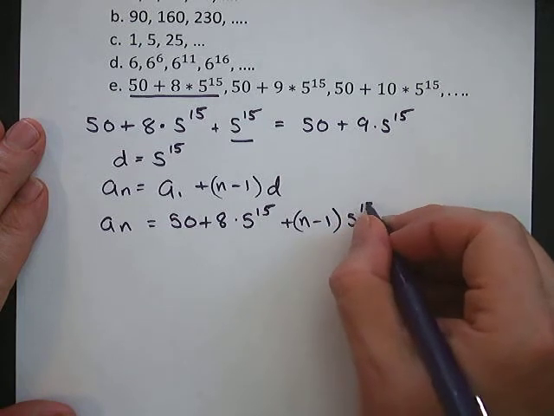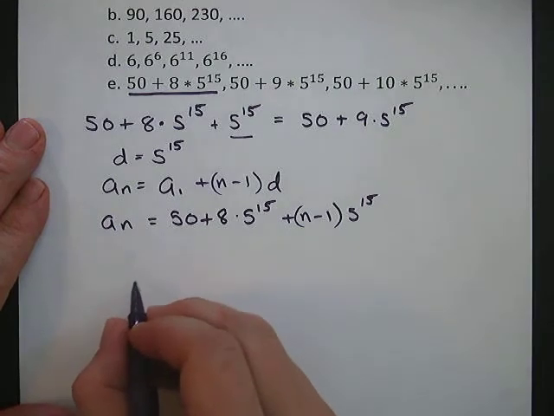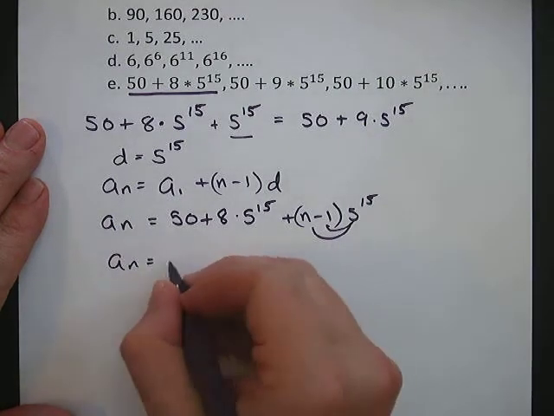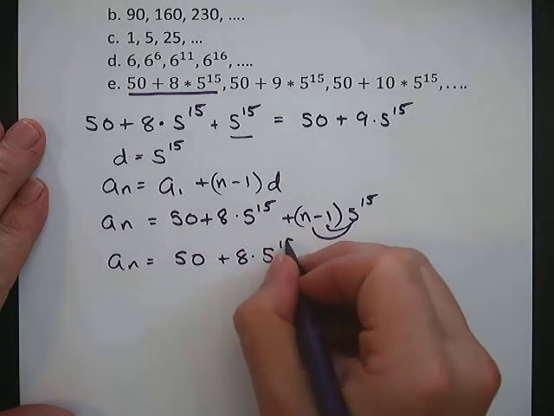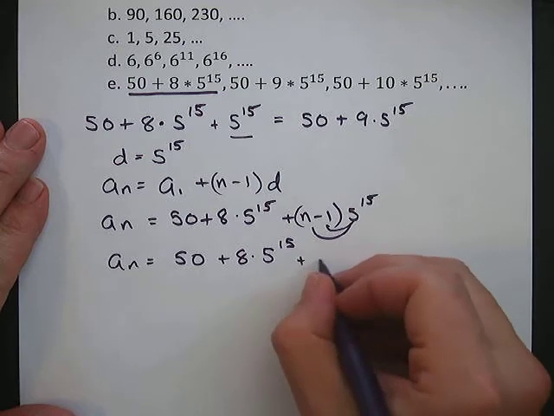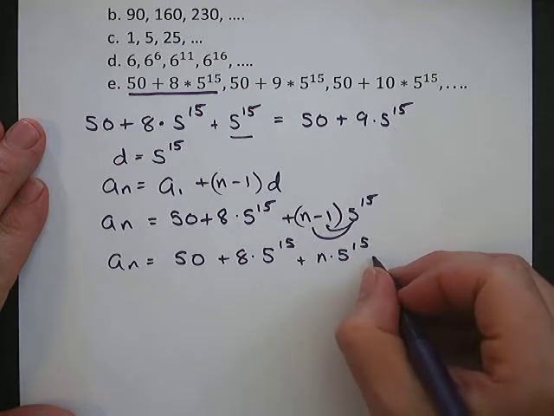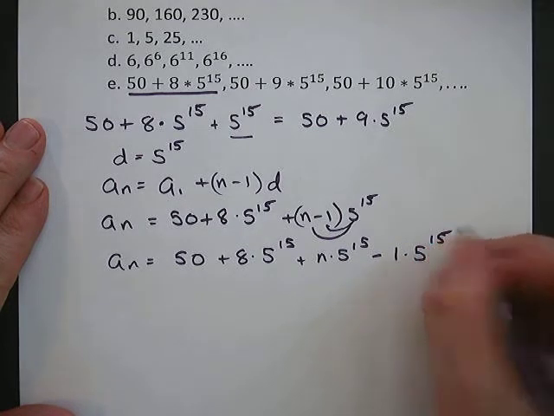Okay, so we're going to have to clean this up a little bit. We distribute this to here, so a sub n is equal to 50 plus 8 times 5 to the 15, plus n times 5 to the 15, minus 1 times 5 to the 15.